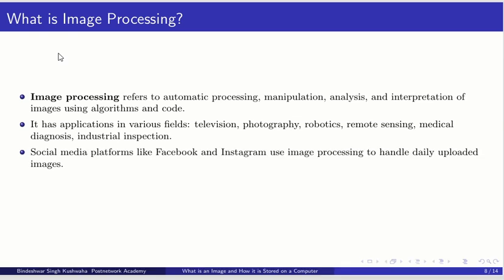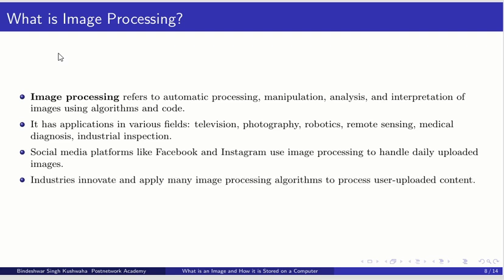Social media platforms like Facebook, Instagram, and YouTube, which you can consider a sequence of images as video, handle daily uploaded images. Industries innovate and apply many image processing algorithms to process user uploaded content.